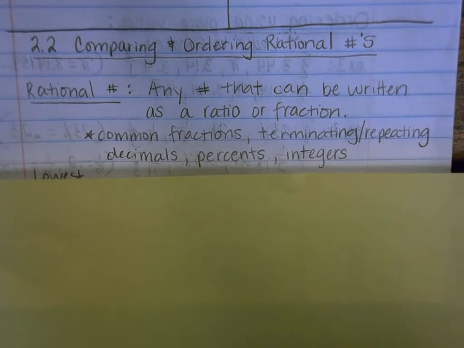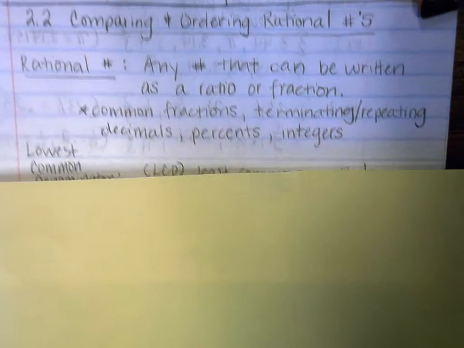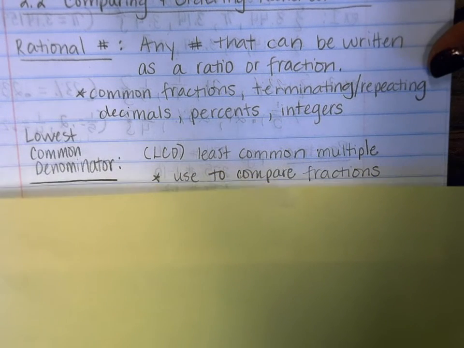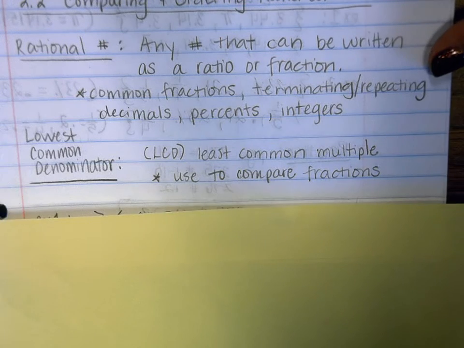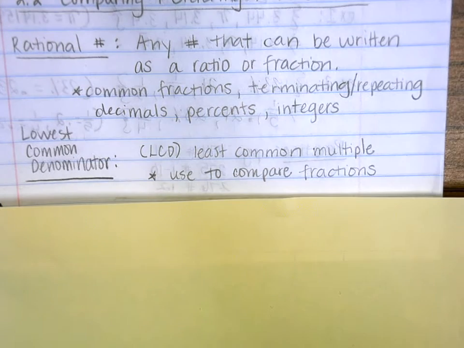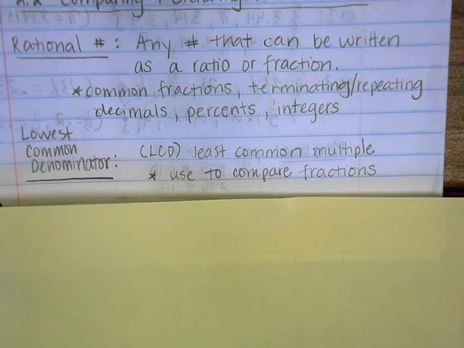Good. Okay, another term that we need to review, and some of you know this, the least common denominator. The least common denominator, they also abbreviate that LCD. Least common multiple, some of you have heard that. You use this to compare fractions. You guys remember getting a common denominator.